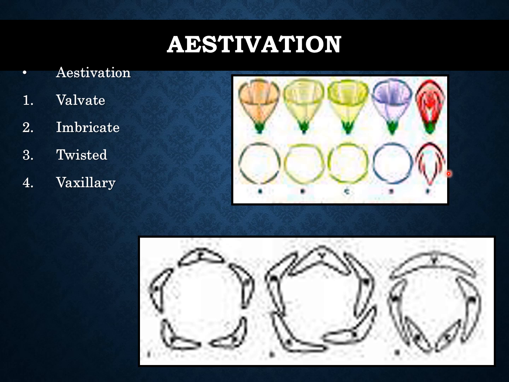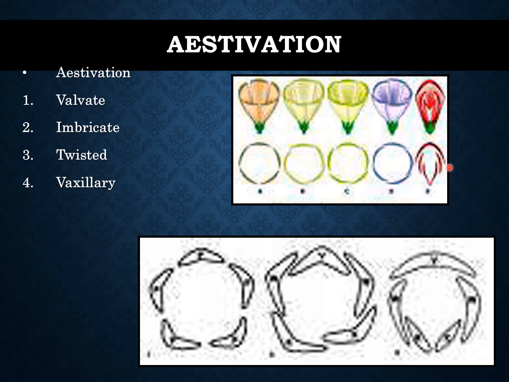out of 5 petals, the posterior petal is the largest petal, and it covers the 2 lateral petals, and the 2 interior and smaller petals are called the keel in the inner one.